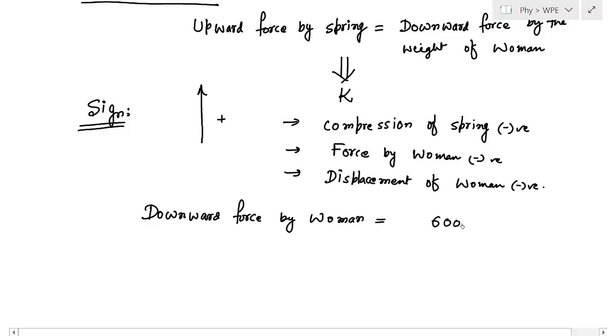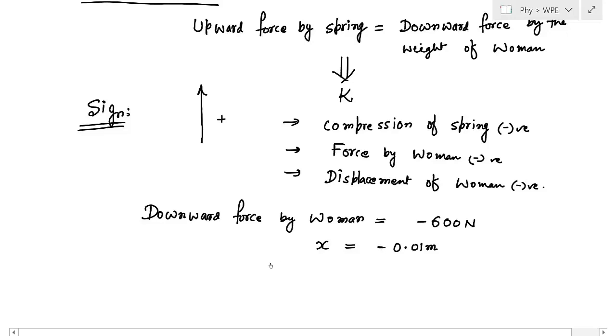If you remember, the weight of Bowman is 600 Newton, but this is in the downward direction, so I have to put a negative sign. Now similarly, the displacement of the spring x is equal to 0.01 meter, and this is also a compression in the negative direction, that is the downward direction, so I have to put a negative sign here.